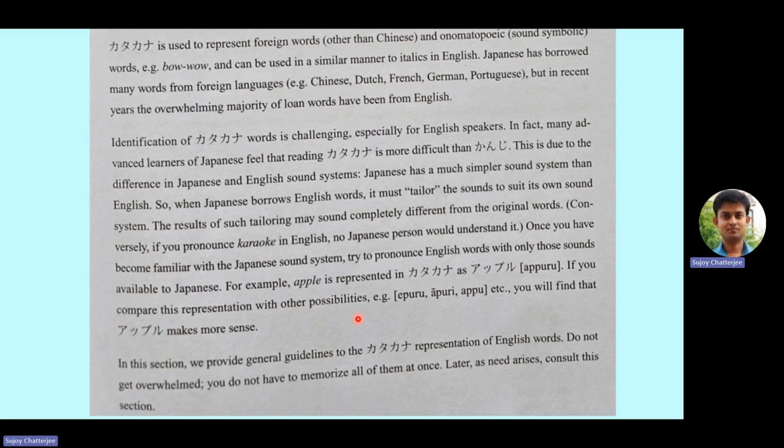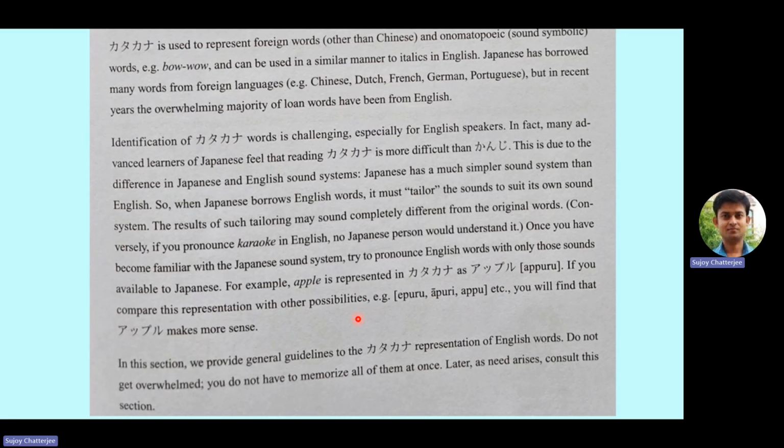So in this section of this book, we provide general guidelines to katakana representation of English words, but the learner should not get overwhelmed or panic. You don't have to memorize all of them at once. Later, as need arises, consult this section. That means return back to this section and consult the rules. So the rules we will be learning in the next lecture.